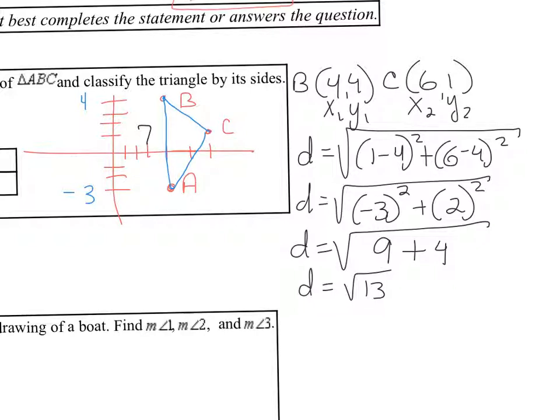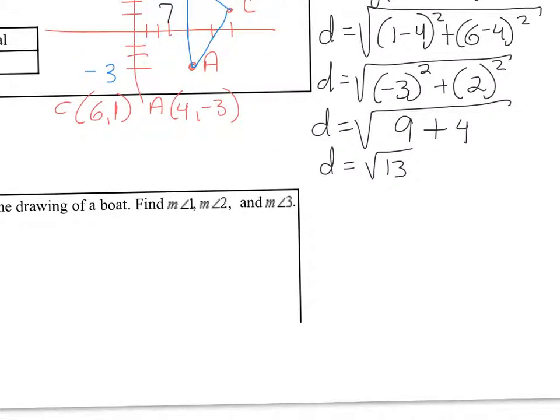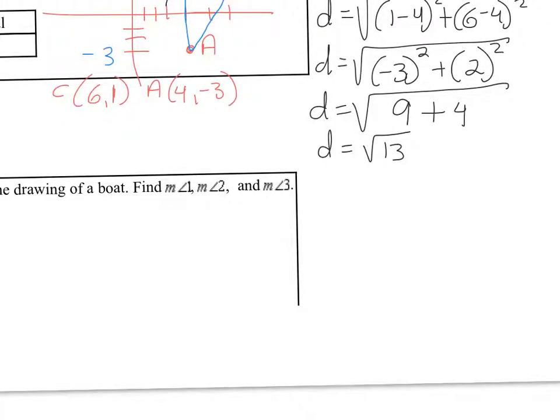Then I do the same thing from C to A. The coordinates of C are 6, 1. Coordinates of A are 4, negative 3. Then I use the distance formula. So what should I put in the formula? Give me the first number.